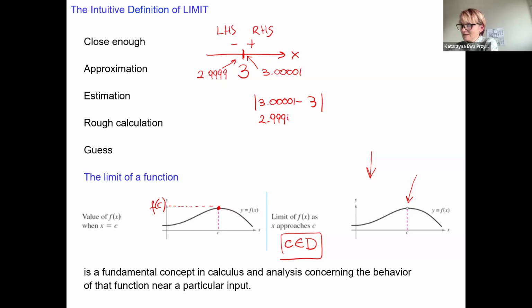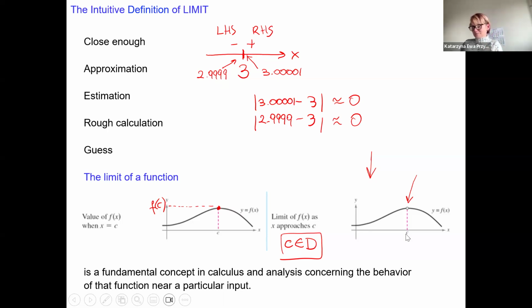Correct, because this will be 9 minus 3. We can see it's almost 0. We will call it arbitrarily close, but I will probably call it almost 0. We can see almost 0, but theoretically it's not 0. We still have a little bit of an interval.